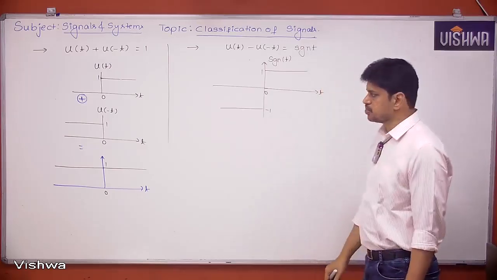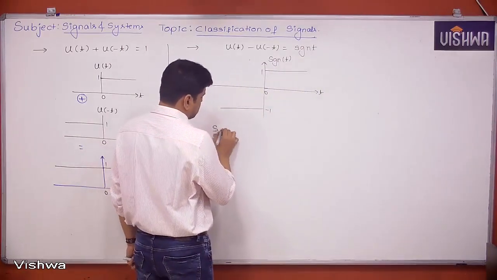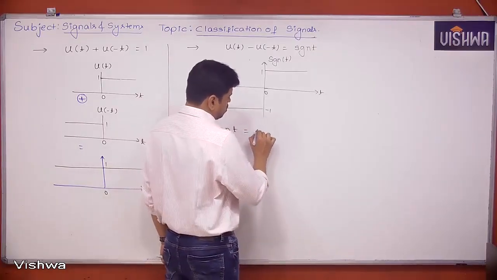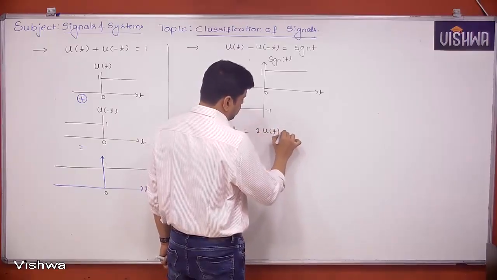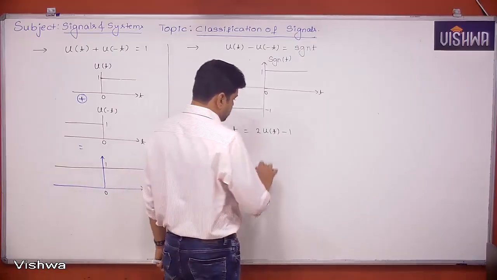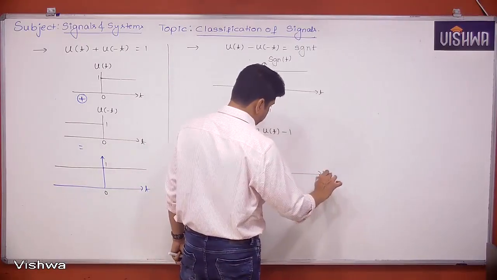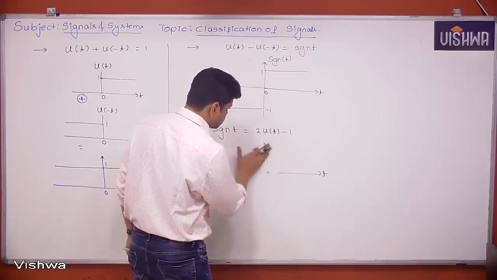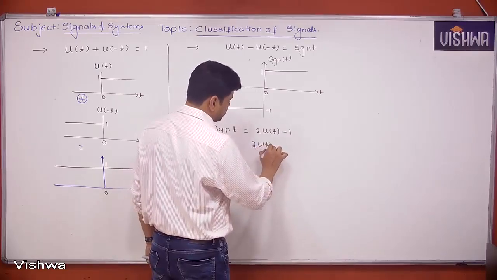So signum function can also be written as signum t is equal to 2u of t minus 1. How, sir? Listen. 2u of t, how does it look like?